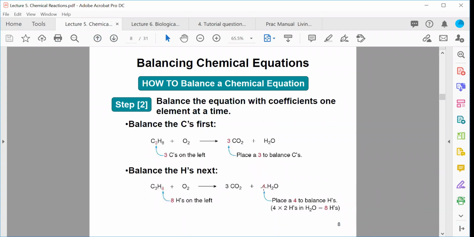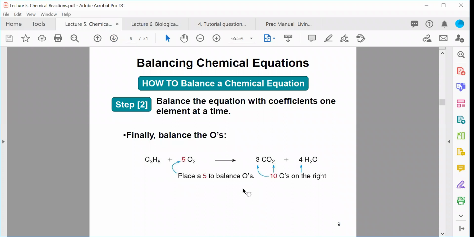All right, sorry. So we had 4 oxygens here, but we also had oxygen here. How many do we have here? 2 by 3 is 6. So we have a total of 10 oxygens in the products, and we need to balance that with the 2 oxygens there.